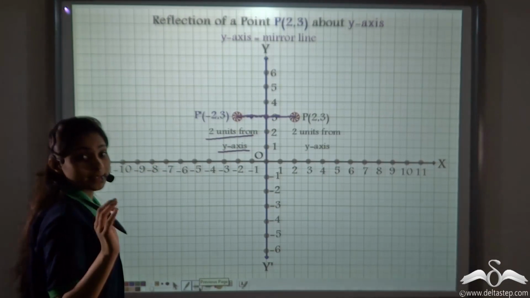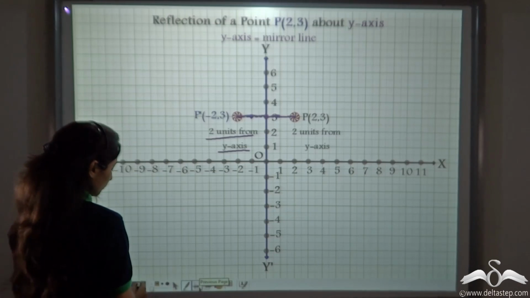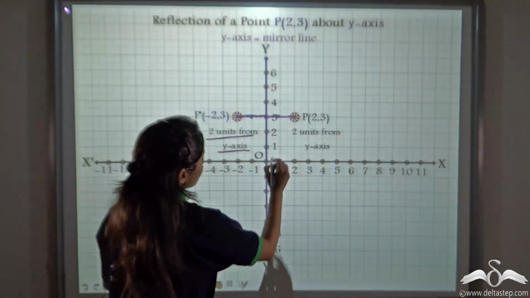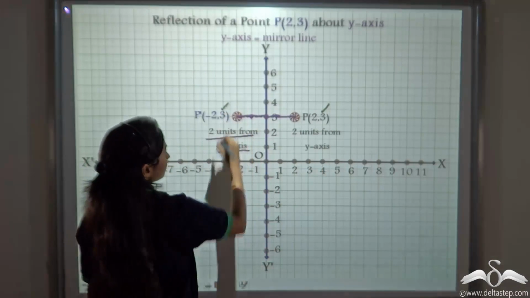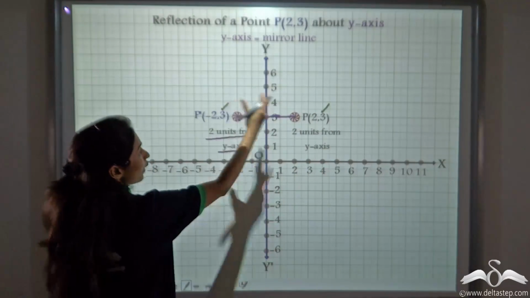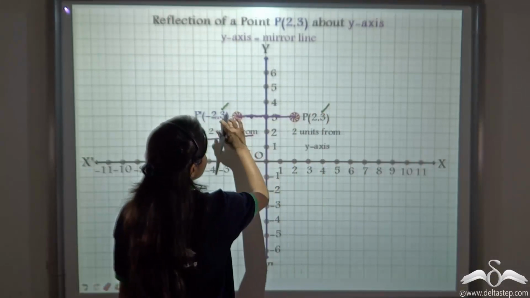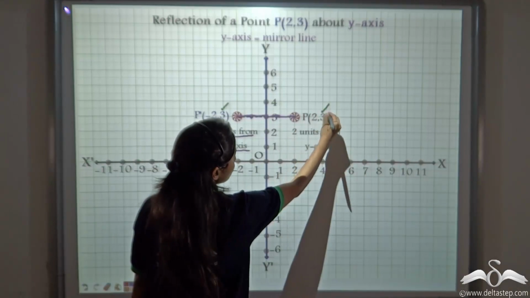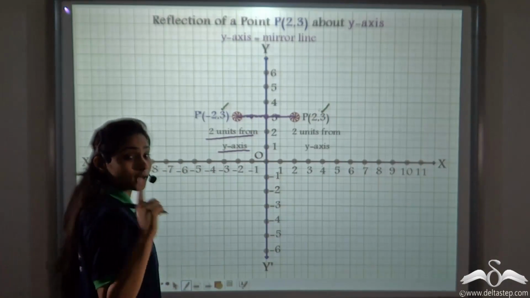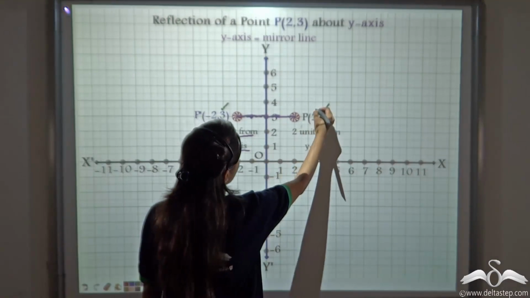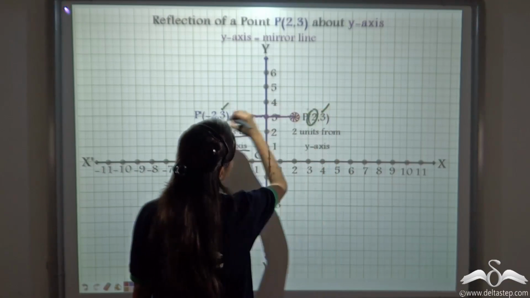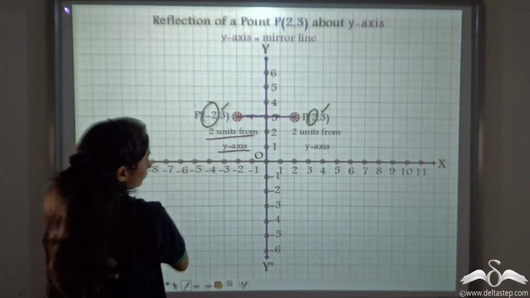Now what about the signs? Let's see. You can see that here the y coordinate is the same. We are reflecting from the y-axis, so the y coordinate is the same. It is a straight line, so the y coordinate will be the same, as we learnt in the chapter on plotting lines. And the sign of the x coordinate is changing.